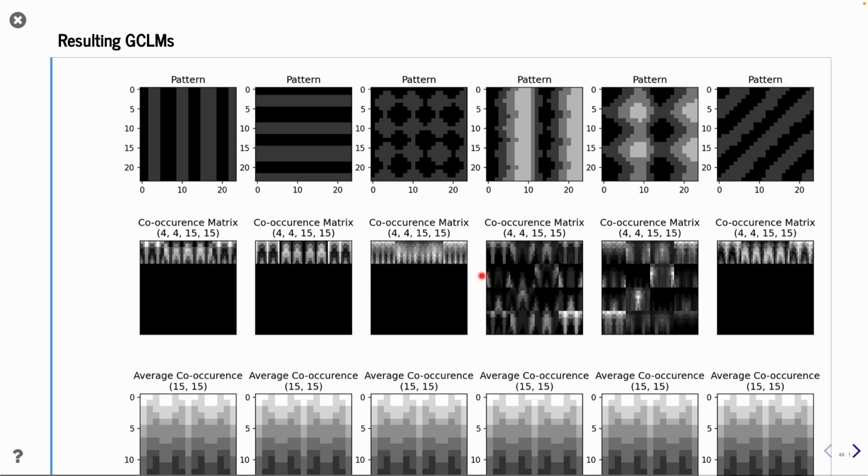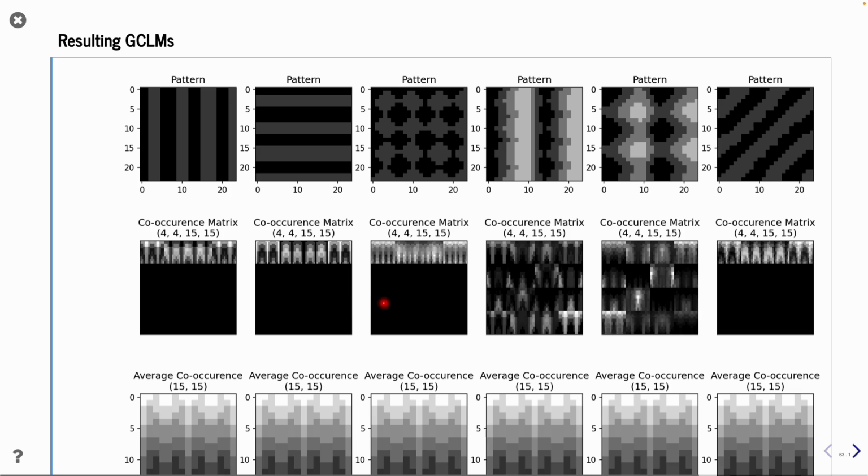Then we have rotations and position differences in this, and you can see that these give relatively the same patterns, but they're slightly changed. The reason why they're changed is that they are 90 degrees shifted. This one is more rippled, so you can also see those dots coming out of here.